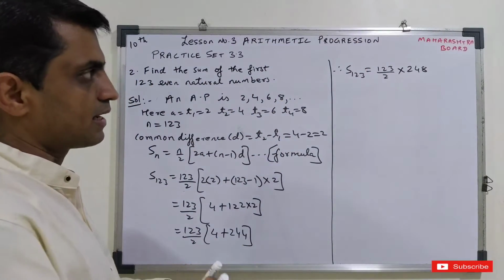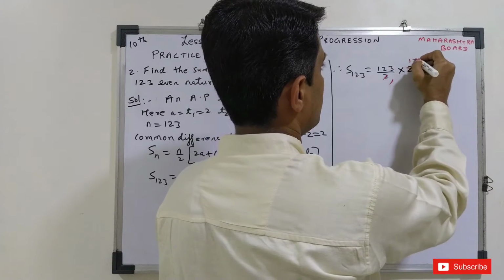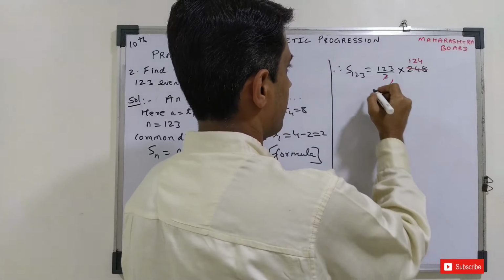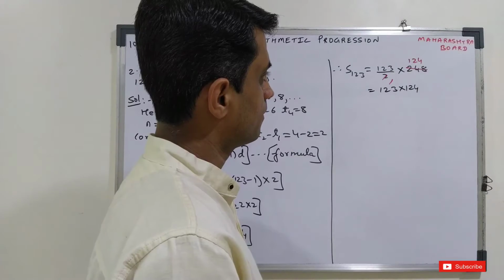Okay, now let us do the cancellation. 2 ones are 2, 2 ones are 2, 2 twos are 4, 2 fours are 8. So what we got here is 123 into 124.